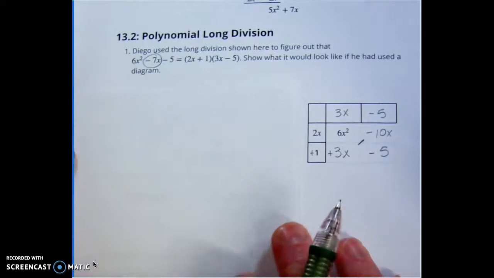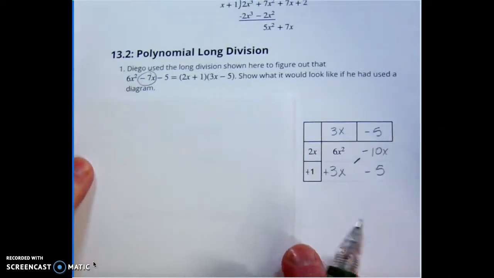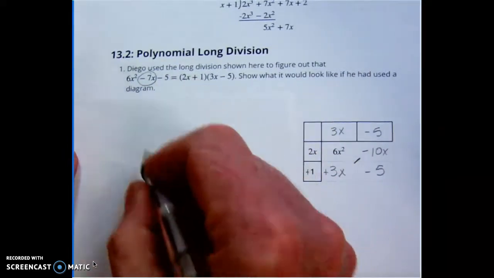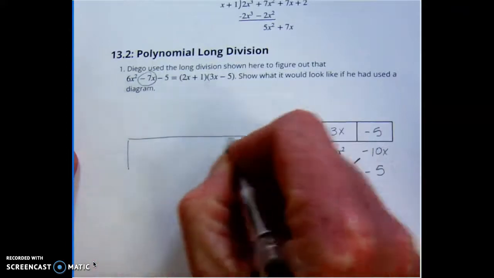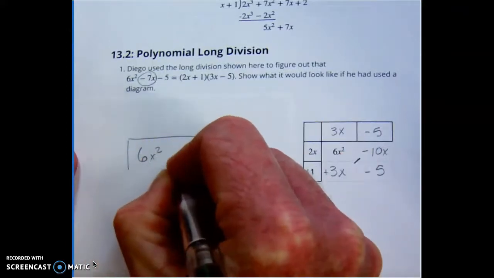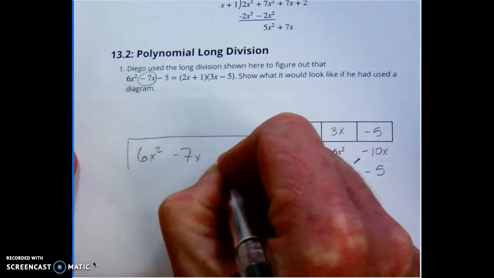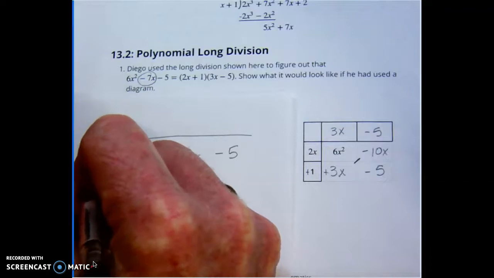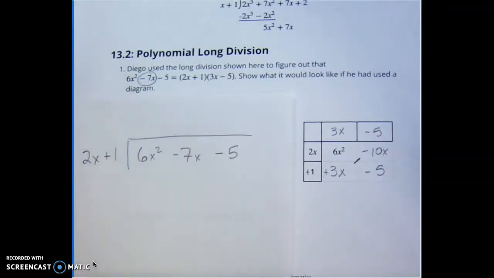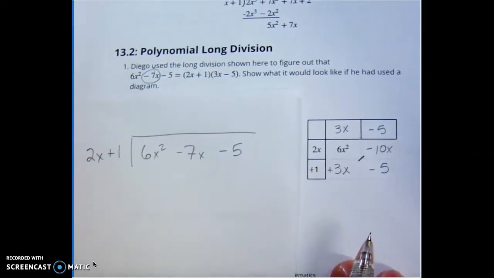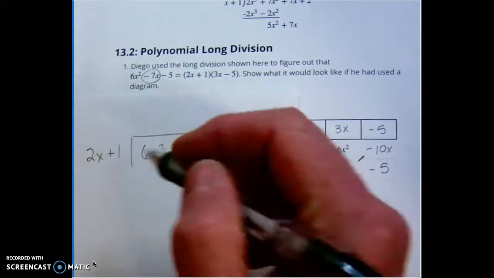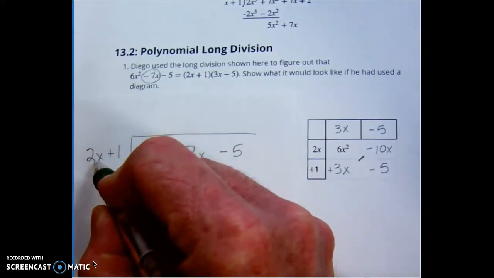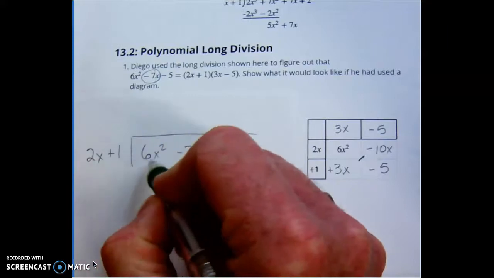Well, today we're going to do that using long division. So we're going to say 6x squared minus 7x minus 5, and we're going to divide it by 2x plus 1. Now, this is really similar to what we learned back in like 4th grade when we learned long division. What does it take to multiply 2 by to turn it into 6?